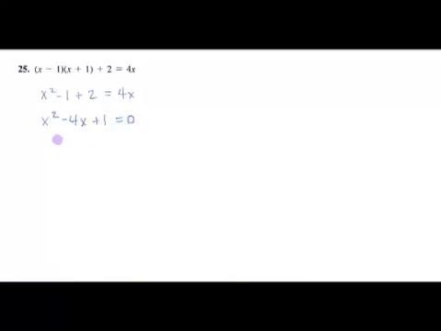And state the quadratic formula along with your values of a, b, and c. Negative b plus or minus the square root of b squared minus 4 times a times c all over 2 times a.